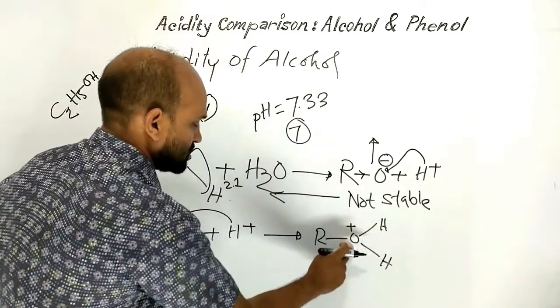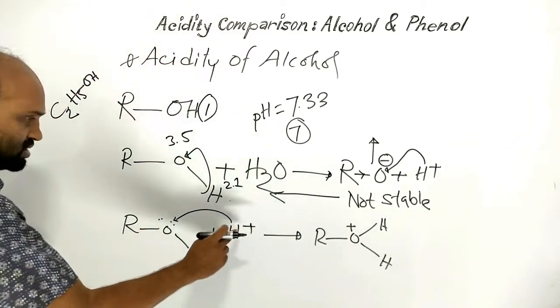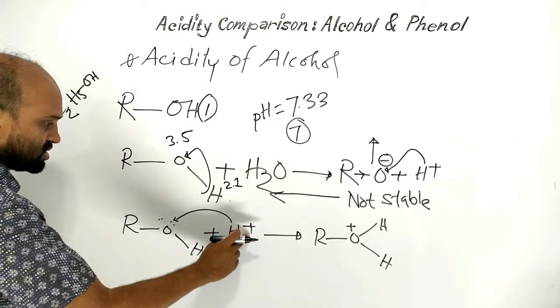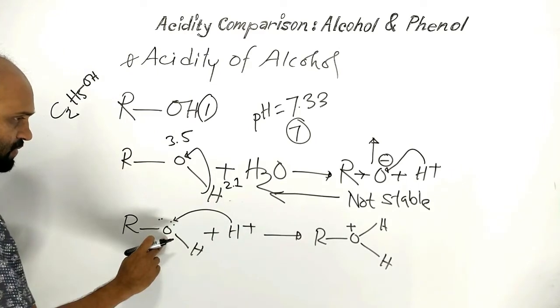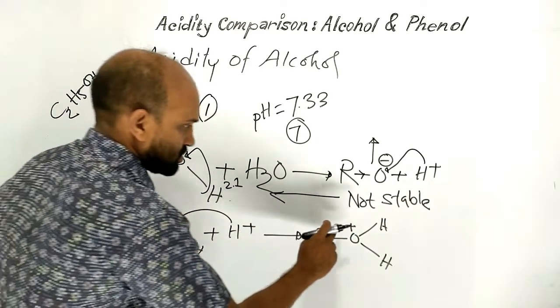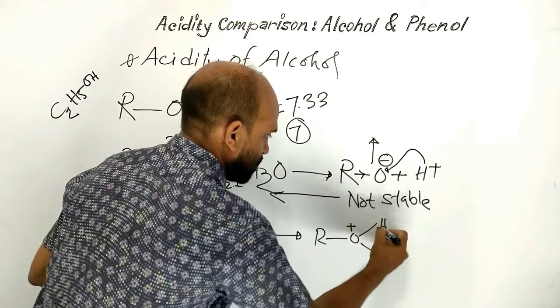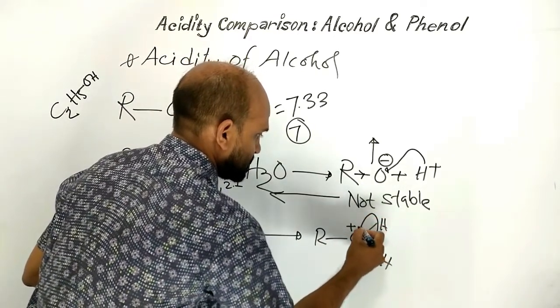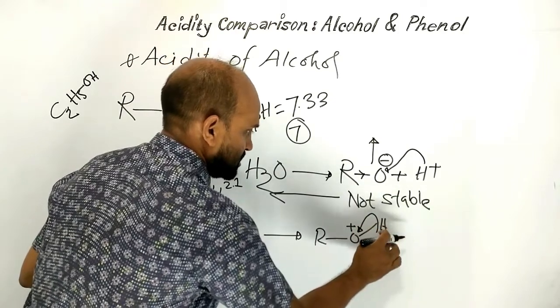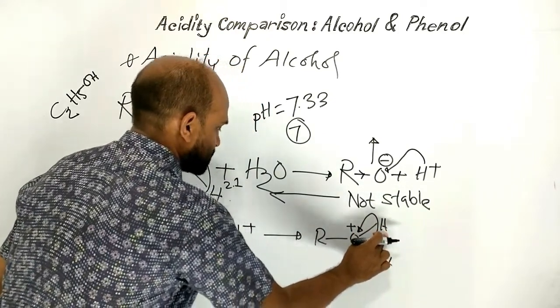Positive charge develops over oxygen. But because of this positive charge, again this bond undergoes heterolytic fission and this hydrogen gets freed as proton.